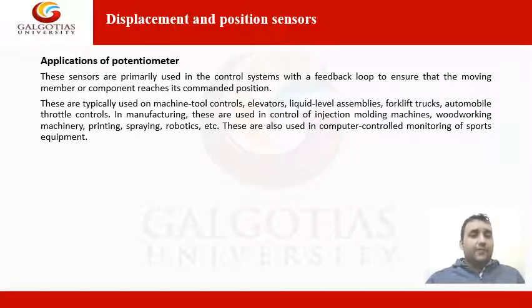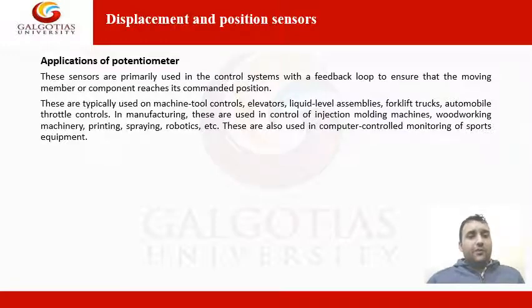Next is the application of the potentiometer. These sensors are primarily used in control systems with a feedback loop to ensure that moving members of a component reach their commanded positions. As this is a displacement sensor, it is used for control of the feedback loop.